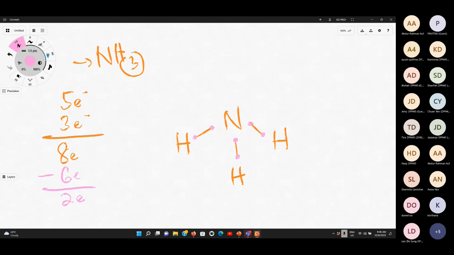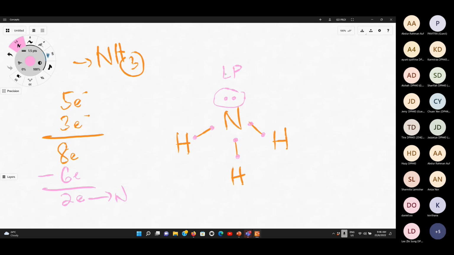So ada baki lagi 2 elektron. So we always prioritize the central atom. So lagi 2 ni, dia akan go to nitrogen. So terletak satu, a crown ke atas. So this is a lone pair of electron. So dia ada lebihan electron kat sini. So it is least likely to be a Lewis acid.